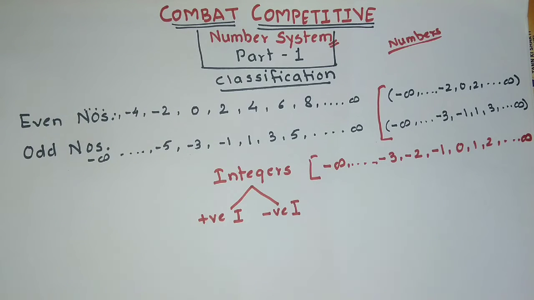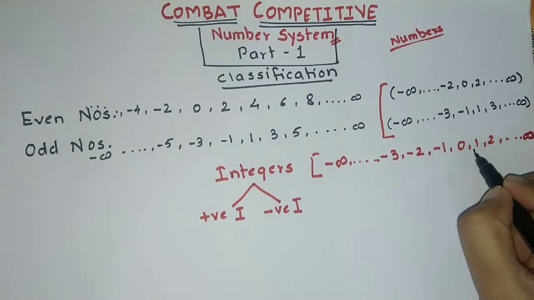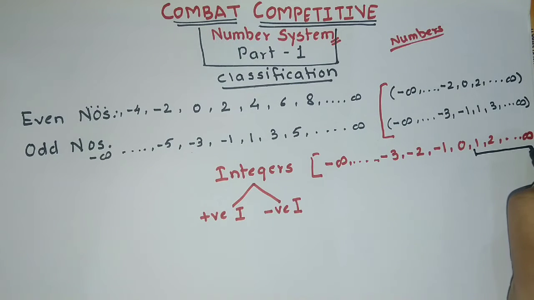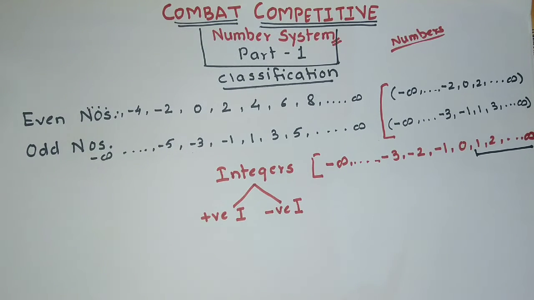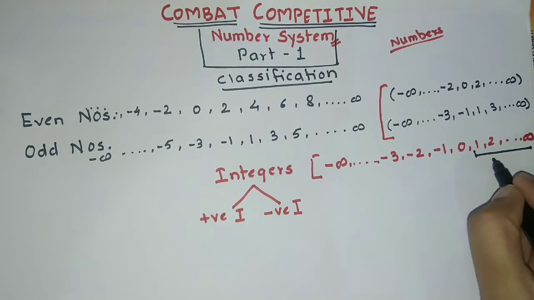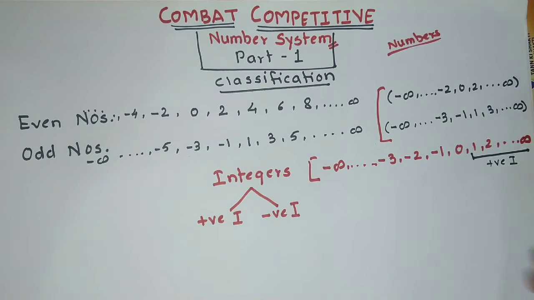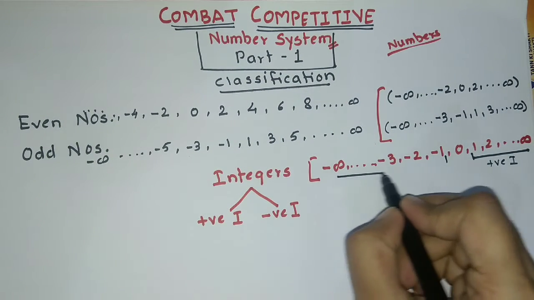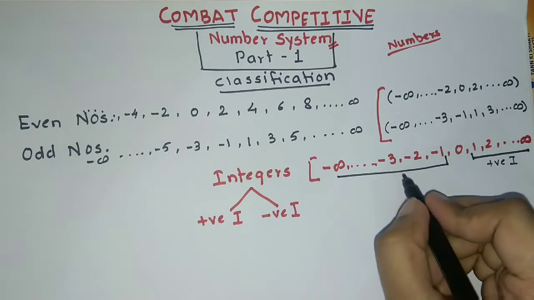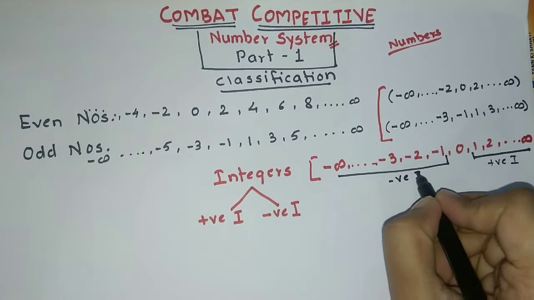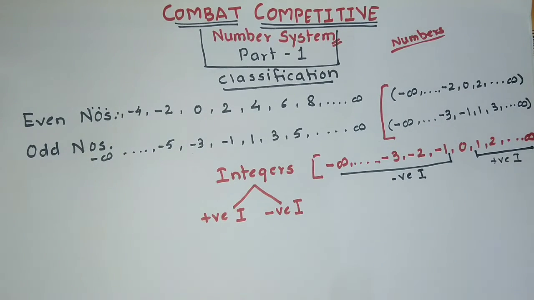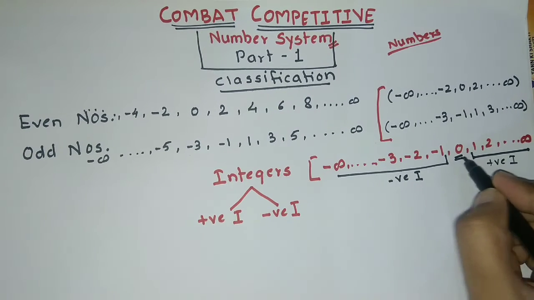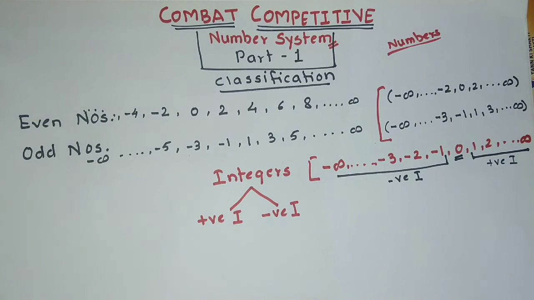Positive integers range from 1 to infinity, and negative integers range from -1 to -infinity. 0 is neither positive nor negative. 0 doesn't have a sign.